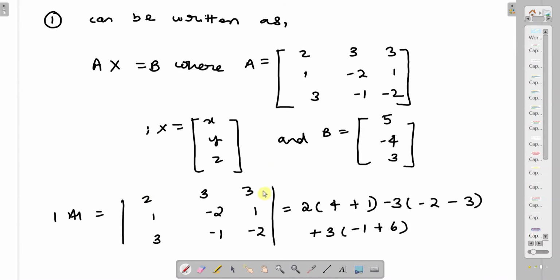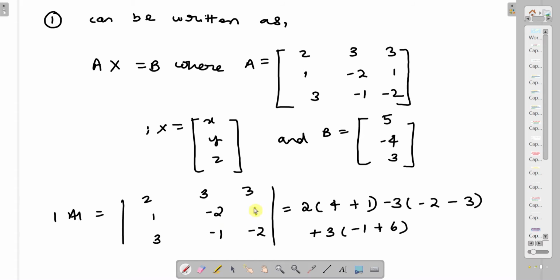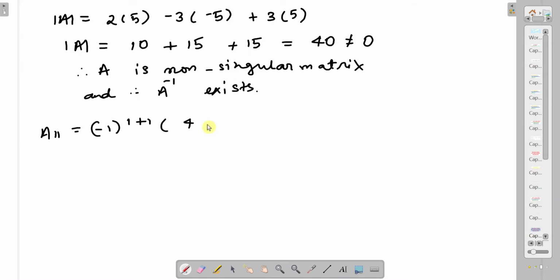So we hide the first row and first column: minus 2 times minus 2 is 4, and then minus 1 times 1 is minus 1, but minus minus plus 1 you will get. This will be equal to minus 1 raised to 2 times 5, which is 1 times 5, which is 5.